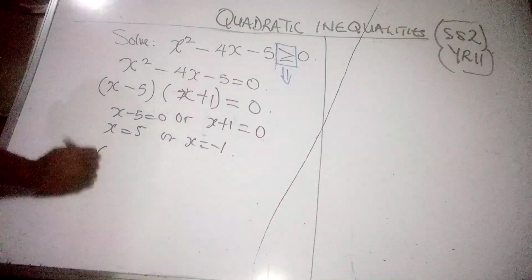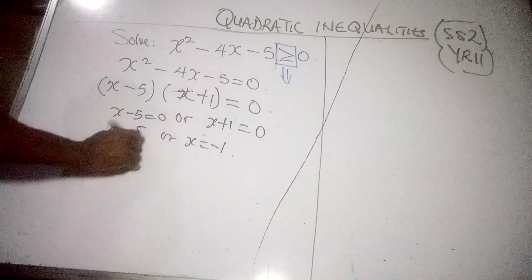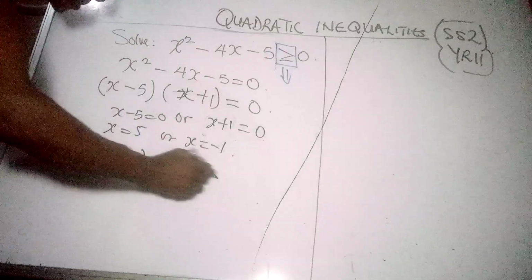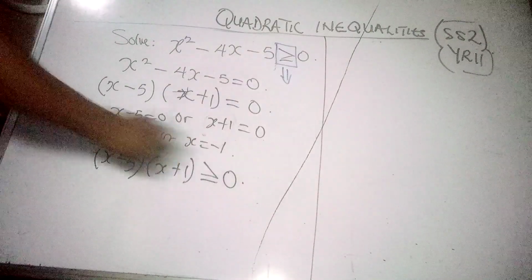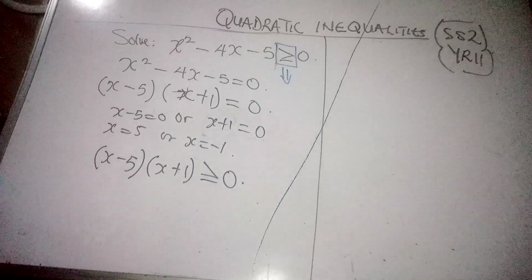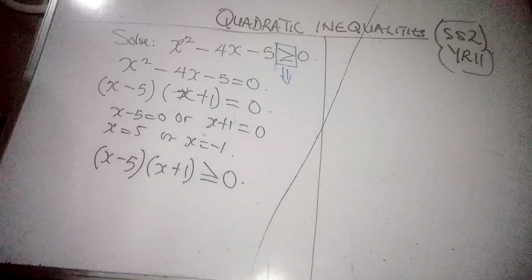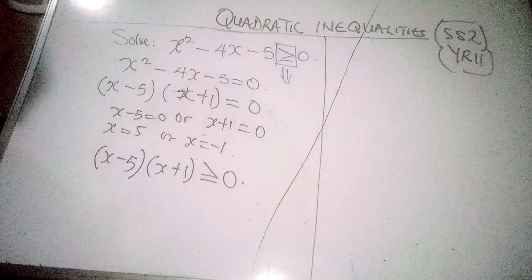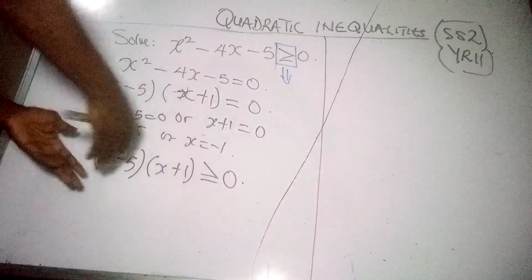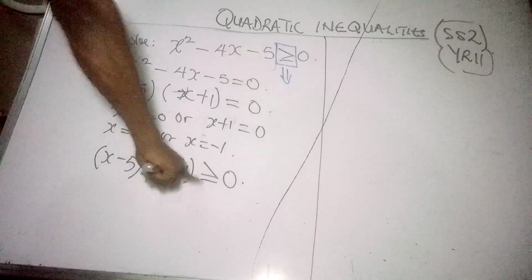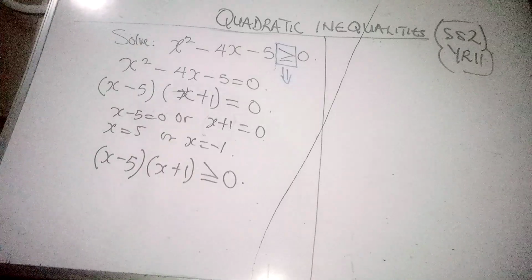So I will now have (x minus 5)(x plus 1) greater than or equal to 0. Okay? Now, having done that, we want to have a look at the range where the values of x will be able to satisfy these inequalities. That is what we are going to do now.